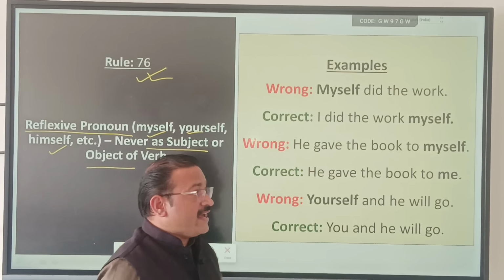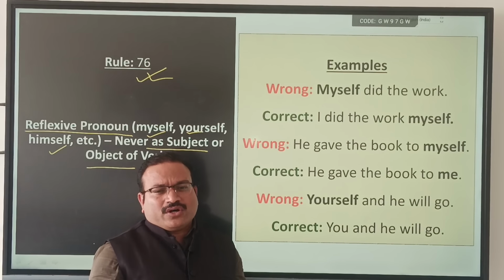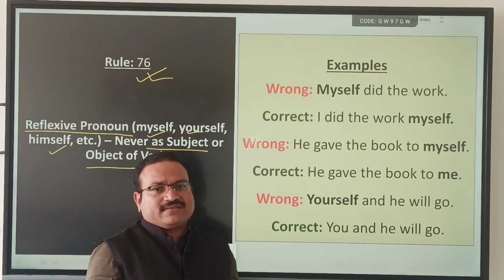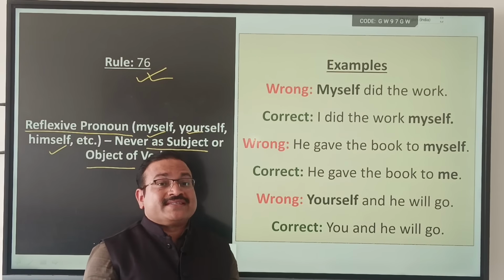They cannot be used as the subject. In general daily talk, sometimes we use reflexive pronouns as the subject, which is grammatically wrong. We say "myself Arun Kumar," wrong. "Myself did the work."